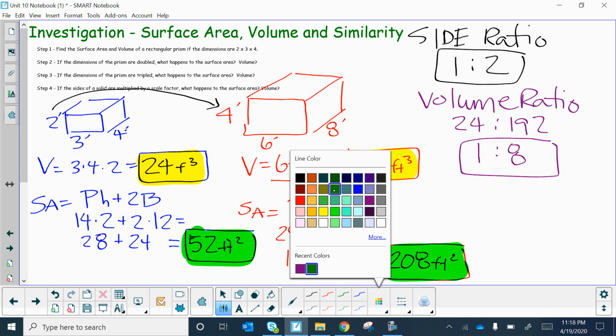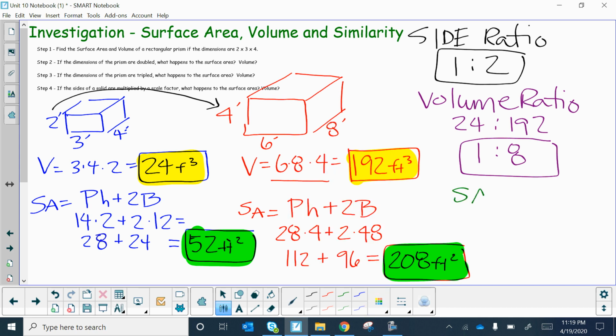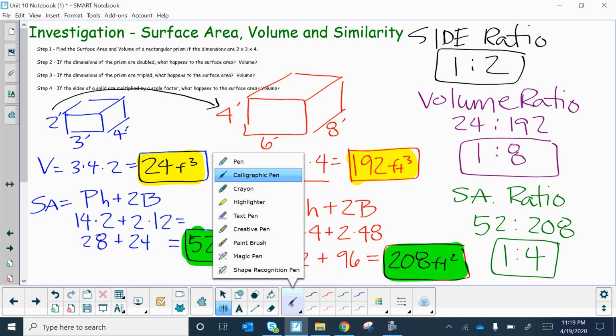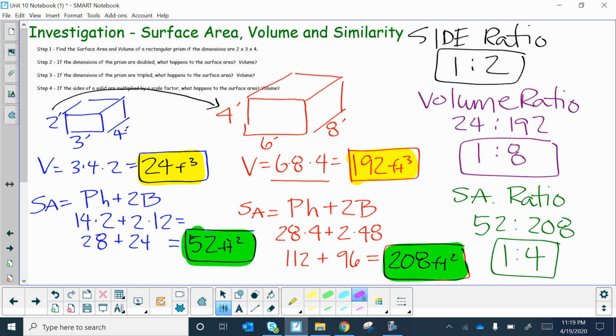Let's do the surface area ratio. So the surface area ratio went from 52 to 208, which is 1 to 4. Okay, so I'm going to highlight all three of those and see how they're all related. So 1 to 2, 1 to 8 is the volume, and 1 to 4 is the surface area.